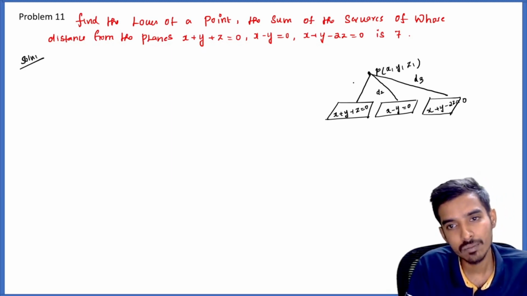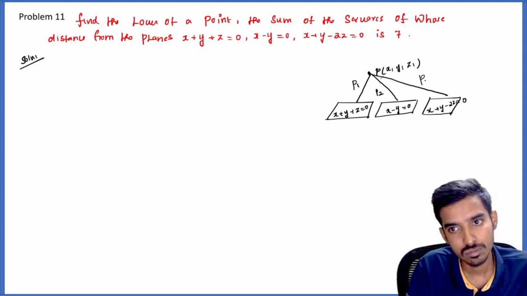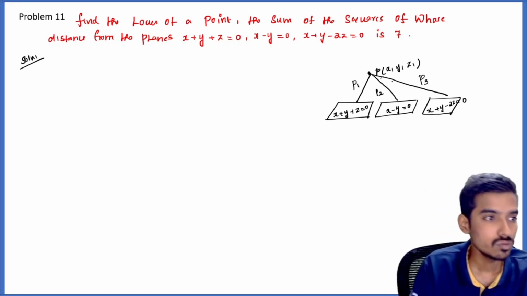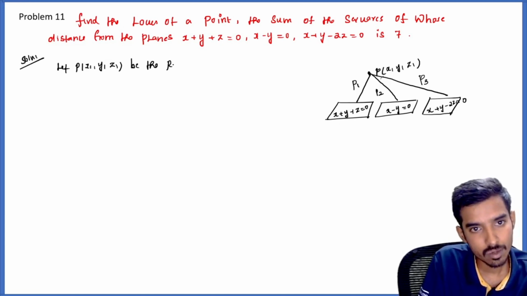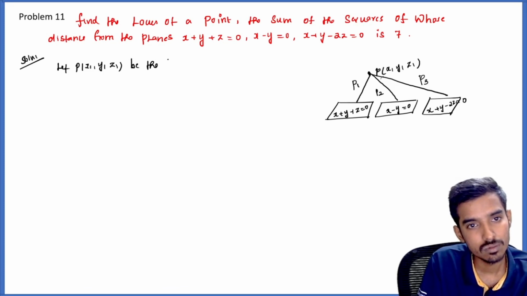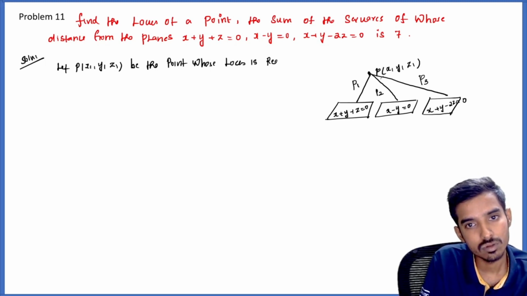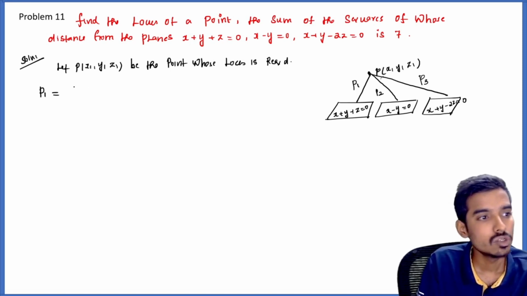If you want, let us write p1, p2, p3 to denote the perpendicular distances. Now, let P of x1, y1, z1 be the point whose locus is required, right? So let us take P1.